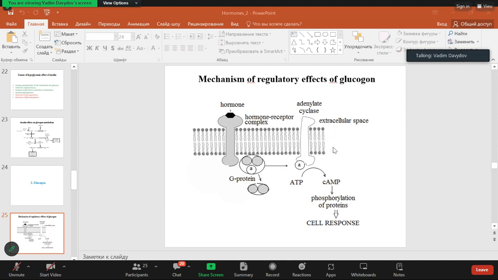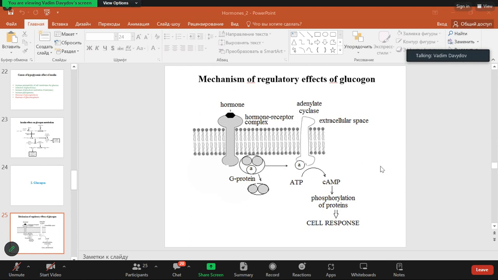After secretion, glucagon passes into the bloodstream and moves to its target organs. The most important target organs for that hormone are the liver and adipose tissue.